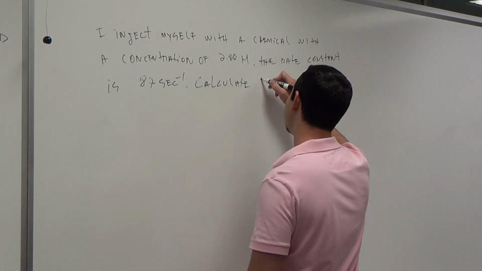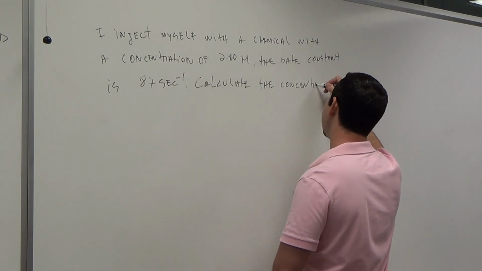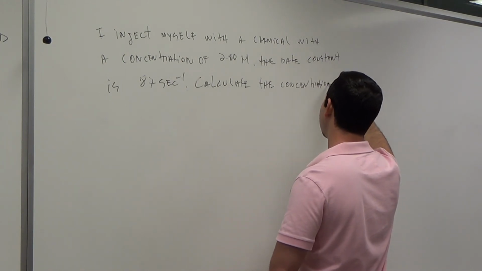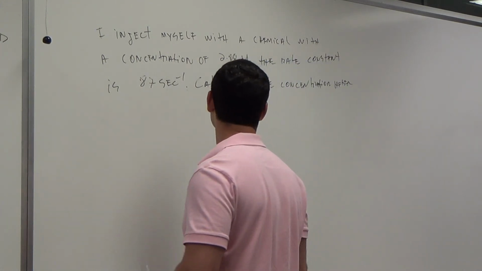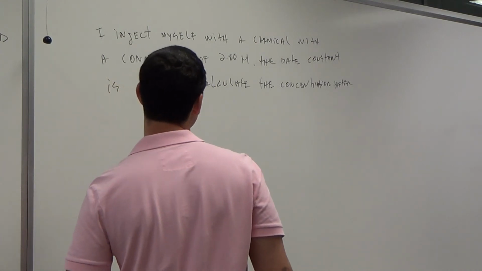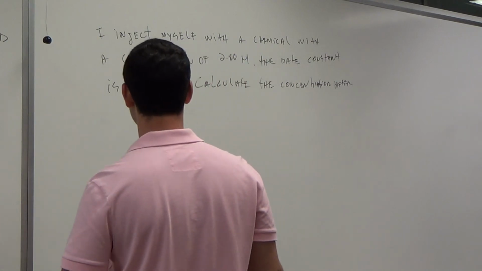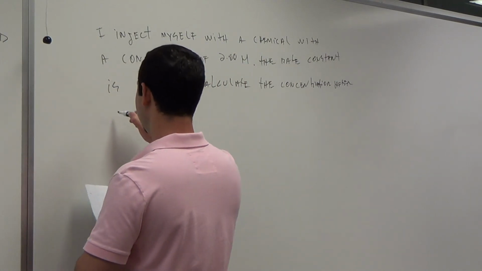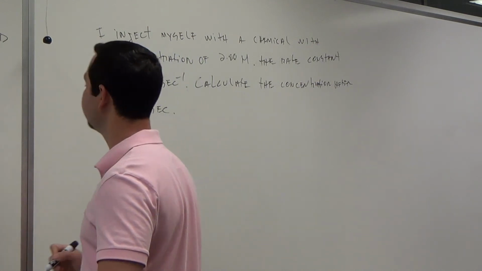Calculate the concentration. It's a drug you inject. So I'm gonna be funny, I don't know anything about drugs. Is that 87? Excuse me? Is that 87? Yes, it is. The concentration after 0.010 seconds.